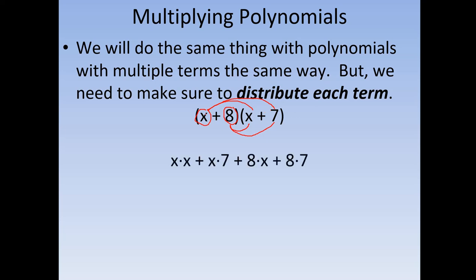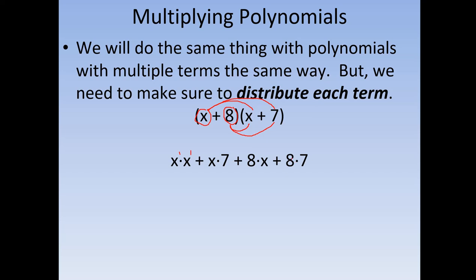So like I said, take the x times x right here, x times 7 over here, 8 times x written right here, and then 8 times 7 over here. Combining this together, these both have an exponent of 1, so again, we're going to add their exponents. These just get left as being multiplied together because there's no common base.